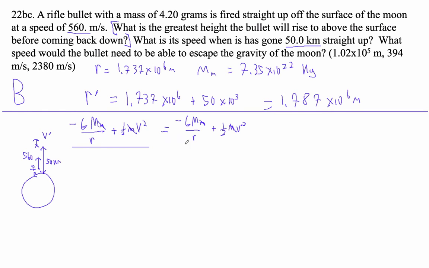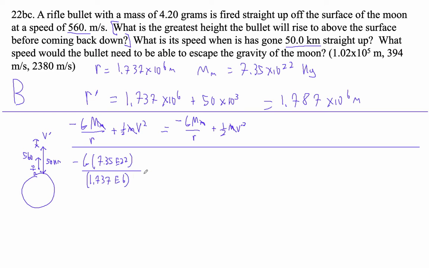Okay, so let's plug in numbers. So minus G times 7.35 E22 over 1.737 E6, plus 1/2 times 560 squared, equals minus G times 7.35 E22 divided by, this is my new radius, 1.787 times 10 to the 6th, plus 1/2 v squared.